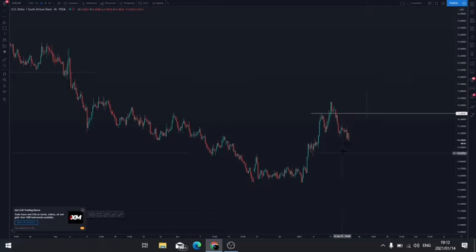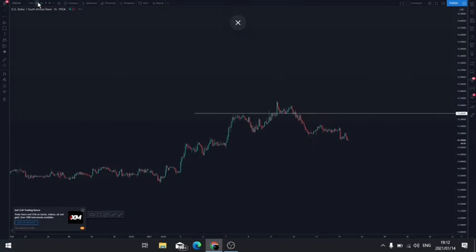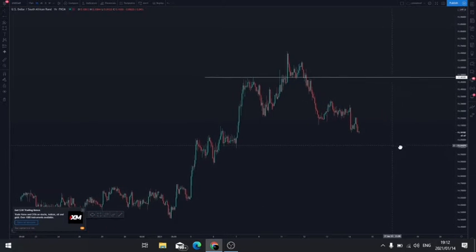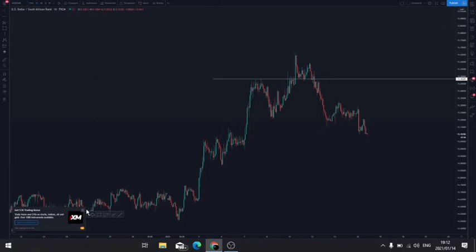So we are not sure what it's trying to do, but as I see, I think it's trying to come to this level, giving us a bit of a dead touch, then shooting upwards. So let's just go to our H1 time frame, and we'll be able to see with a clearer vision and a clearer chart. So I analyzed this before, guys.